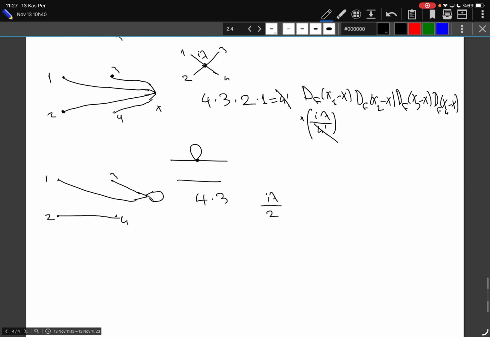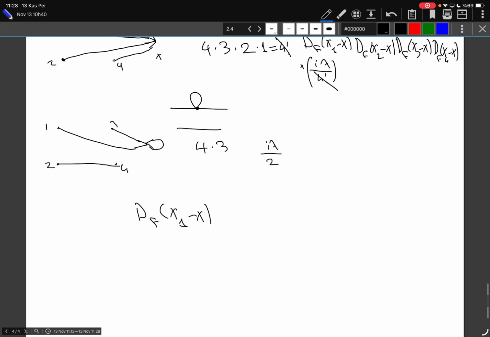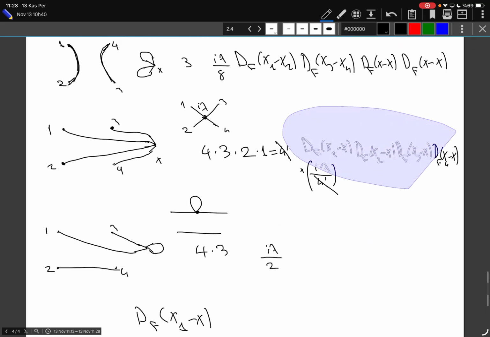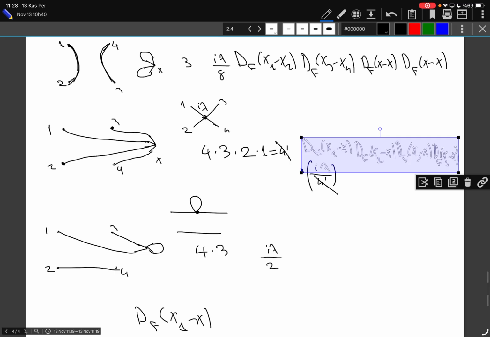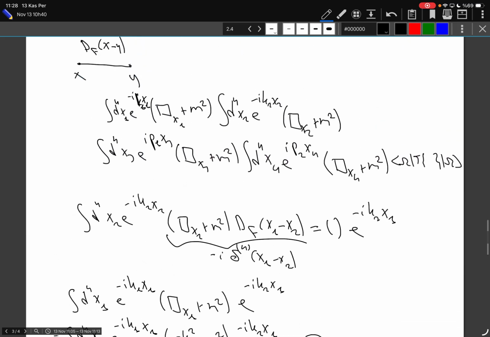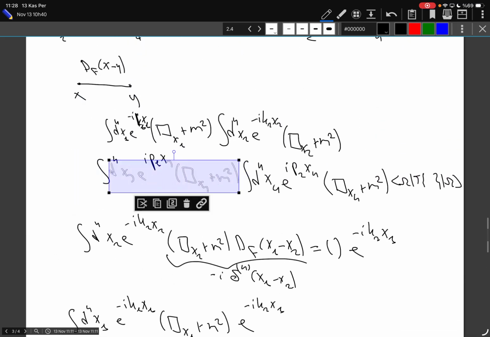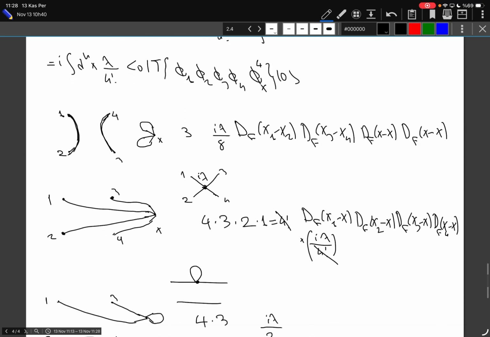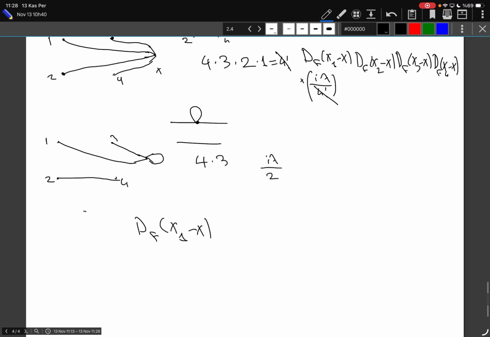And well, let's look at this term. I say x1, x2, x3, and x4 all appear in different propagators. So let me just look at what applying this operator and taking the Fourier transform does to one of those propagators. So this will be, let's say, d4 x1 e to the power minus i k1 x1 times the operator, x1 plus m squared.